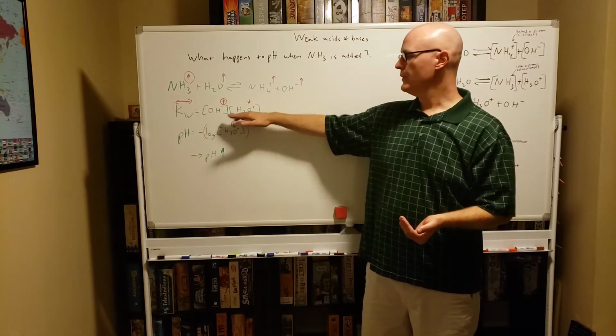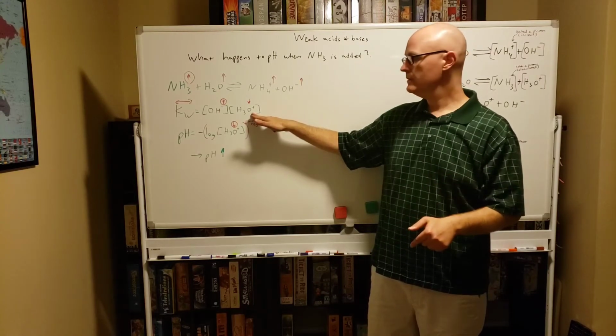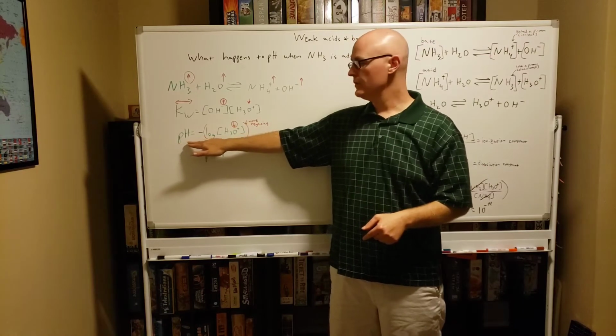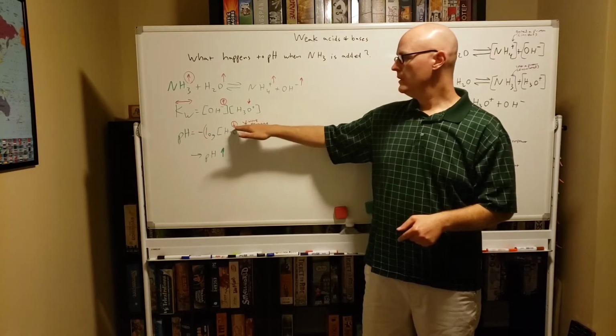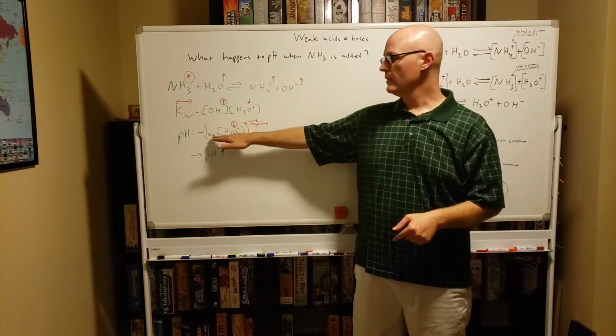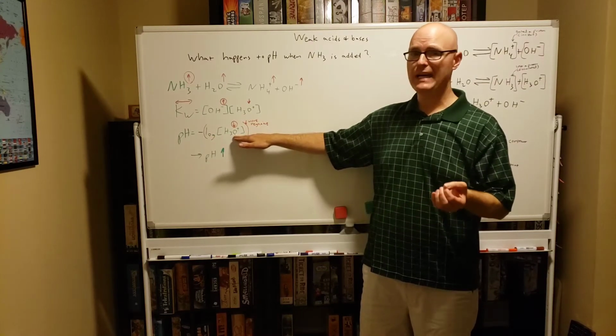Since that's true, the amount of hydronium went down. I use my pH equation. pH is equal to negative log concentration of hydronium. So the amount of hydronium went down, therefore the log of the hydronium concentration becomes more negative.